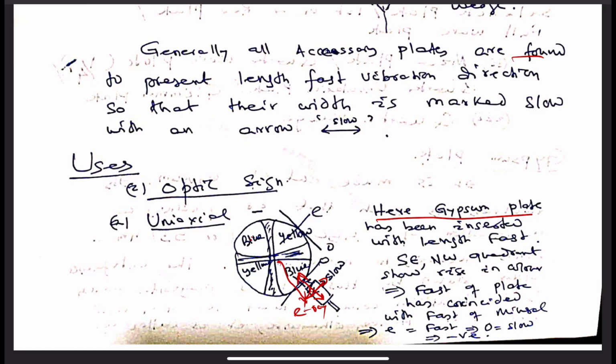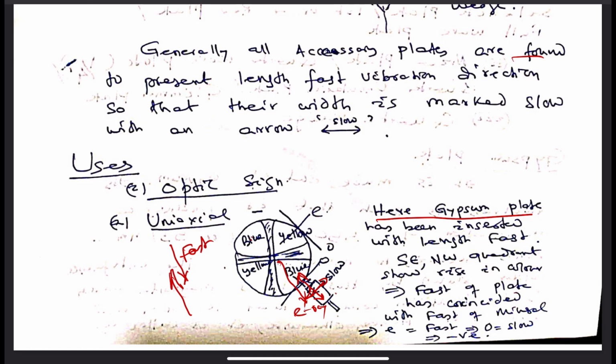So the first direction of the accessory plate is coinciding with the first direction of the mineral. Otherwise, this color rise would not have taken place. Fast rise, slow rise. Opposite indicates fall.